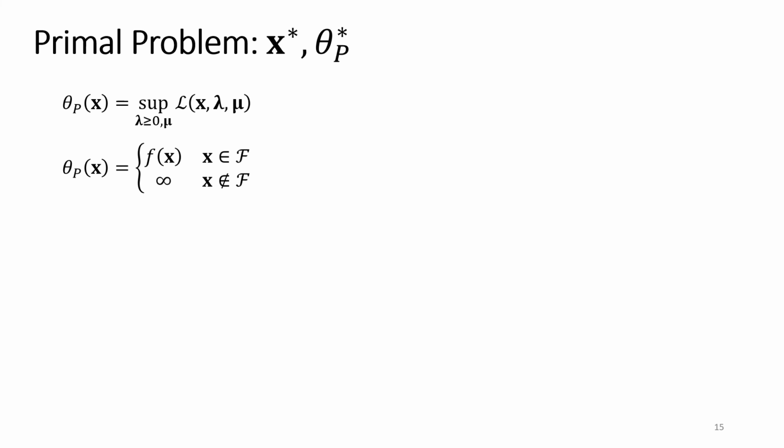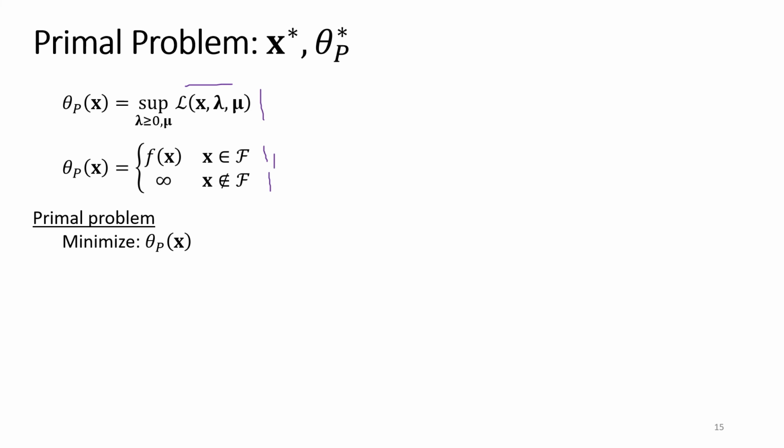So this is the primal problem, theta p of x, which is by definition the supremum over lambdas greater than or equal to zeros and mu's of the Lagrange function L of x, lambda, mu. And we just saw from theorem 1 that theta p of x is equal to f of x when x is feasible, and theta p of x is equal to infinite when x is infeasible.